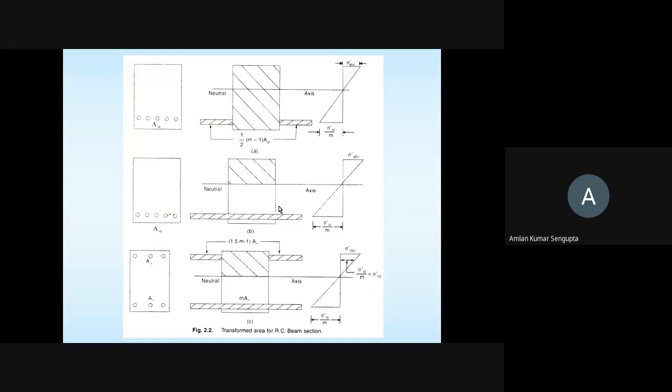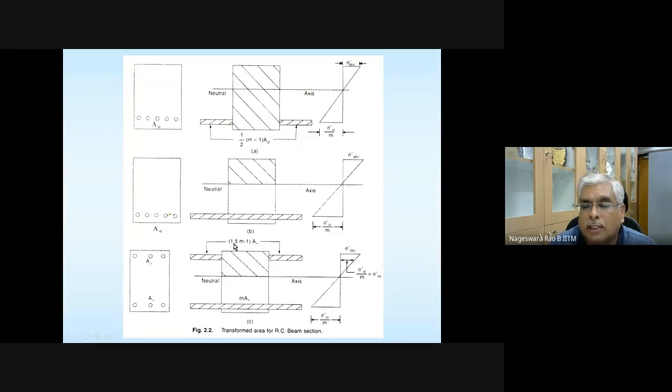There is one more question regarding that 1.5 times m minus 1. Let me explain. Forget about this 1.5. There is no issue with m minus 1. m is the modular ratio.